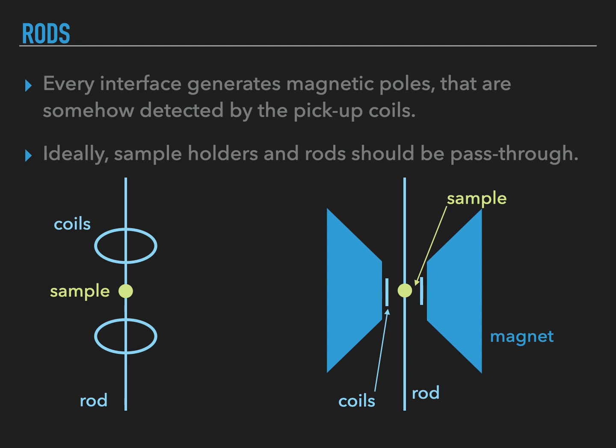For example, the interface between the rod and the sample, or the interface between the region where you put the PTFE tape to hold the sample in place and the region where the PTFE tape is no longer present. So ideally, sample holders, rods, whatever you use to keep the sample in place should be passed through. So if you have coils or if you have a magnet with pickup coils on the side, the rods must be as depicted in the two schemes in the slide.